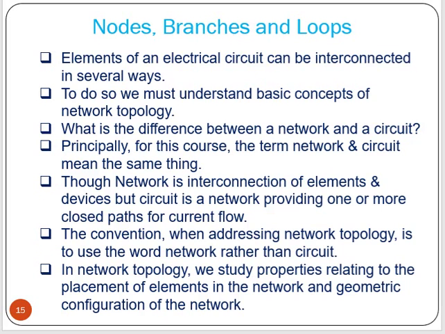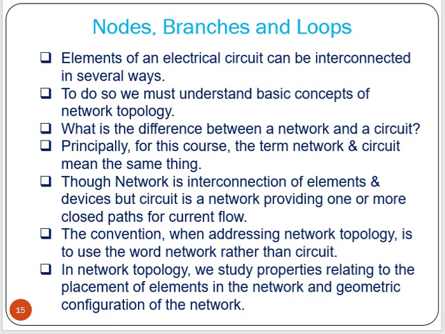Now some terminology you have to know, that is nodes, branches and loops. Now elements of an electrical circuit can be interconnected in several ways. To do so, we must understand the basic concept of network topology. What is the difference between network and circuit? Principally for this course, the term network and circuit we have to take as same.